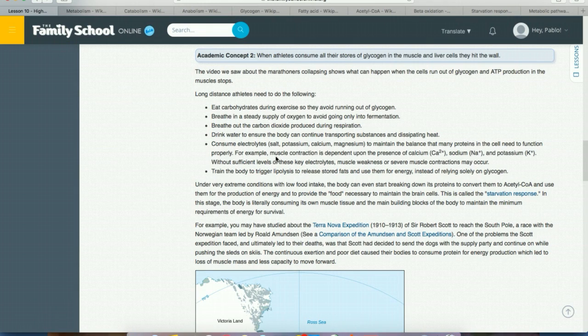For example, muscle contraction is dependent upon the presence of calcium, sodium, and potassium. Without sufficient levels of these key electrolytes, muscle weakness or severe muscle contractions may occur. So that's when you get cramps. When you get a Charlie horse, it is because the muscle contracts because there's not enough calcium there. So you have to also do that.